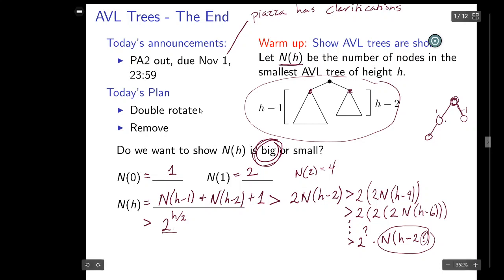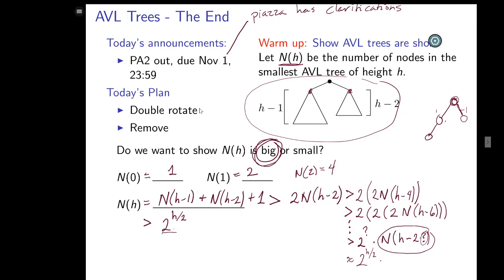We'll get that h over 2 in the exponent of the 2. So this is something like 2 to the h over 2 times a constant, which is 2 if it was odd, and 1 if it was even. So let's just stick with h over 2. In general, it would be the ceiling of h over 2.